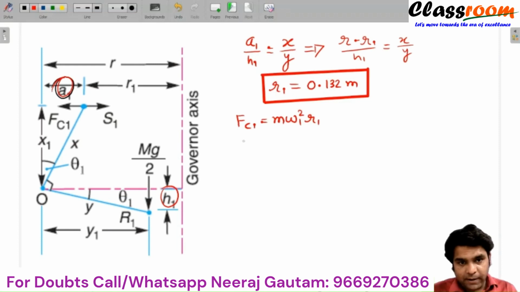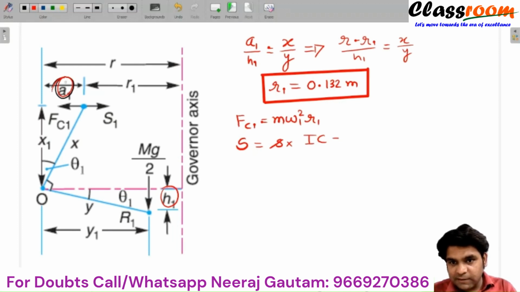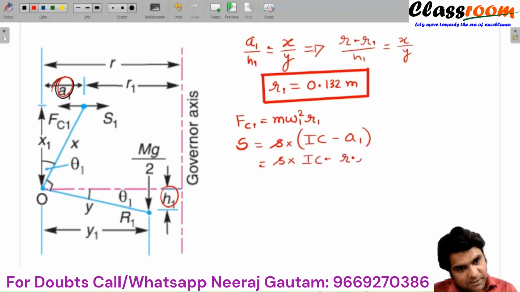Now the spring force S is the spring constant into the displacement of the spring, that is the initial compression minus this displacement, that is A. The value of A1 here is R minus R1. So spring stiffness into initial compression minus R minus R1.